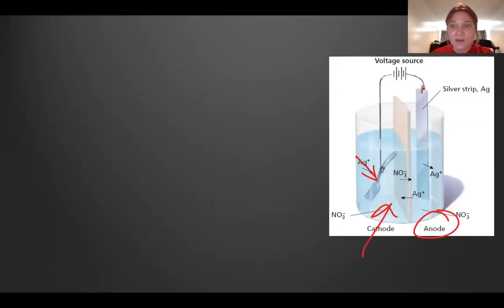So the overall point of this is, you can form a thin layer of an expensive precious metal like gold or silver on top of a cheaper metal. And that's where we get silver plated objects and gold plated objects, because making something out of pure silver or pure gold is expensive. And also pure gold is quite soft.